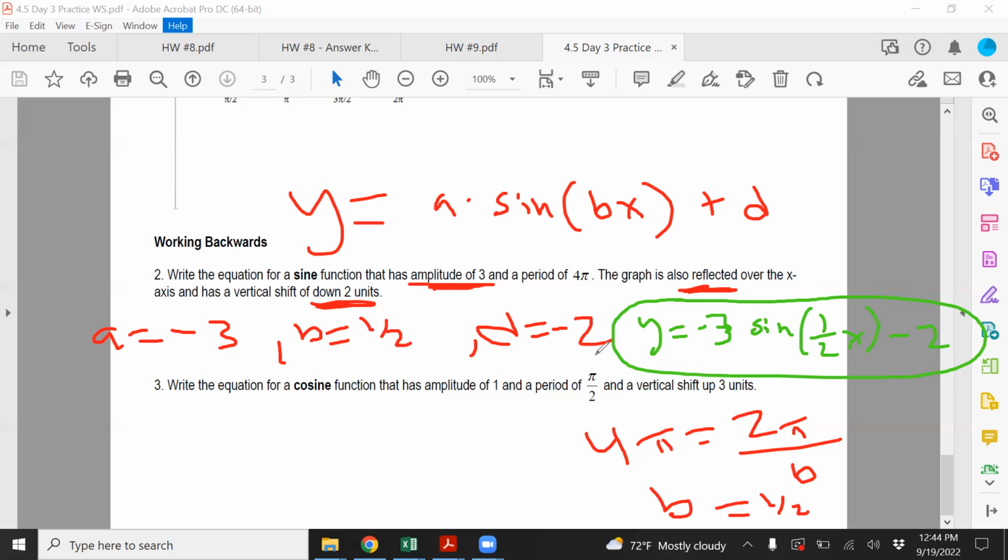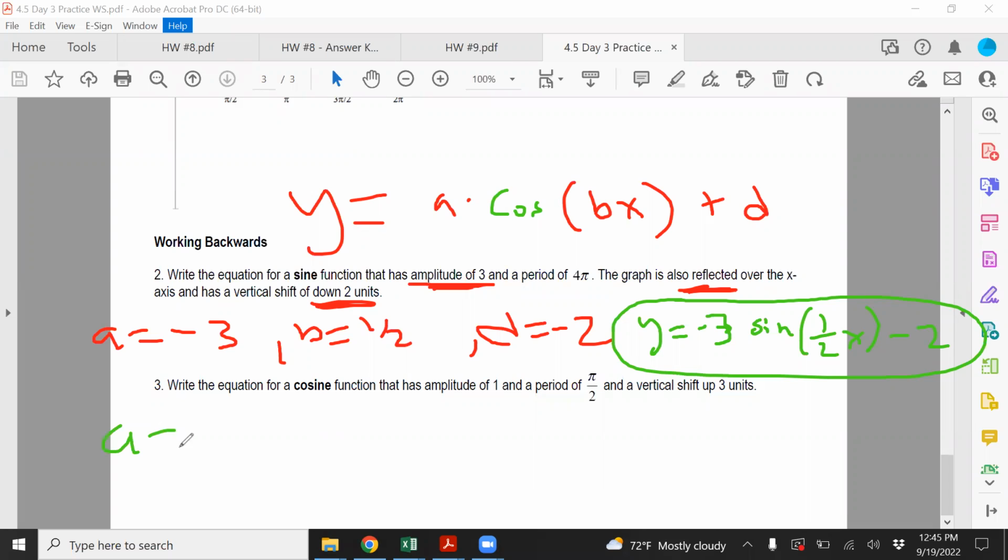Sorry, terrible looking 3. All right, we'll do one more. Okay, cosine. Same equation you can use, just write cosine instead of sine. Are we reflected? No. So what's A going to be? 1. B is 4 and D is 3.